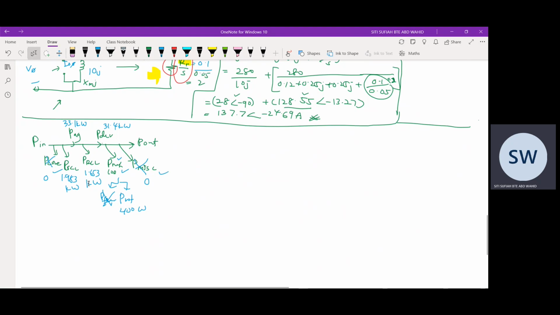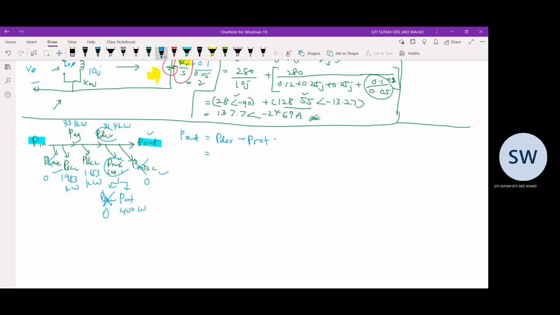So the question asks for efficiency, which means you need to calculate your P out and P in. From here, I immediately see that we can calculate P out: P developed minus P mechanical loss, you will get P out. P rotational is 400, because the others are 0. So 31.4K minus 400, you'll get 31 kilowatt.